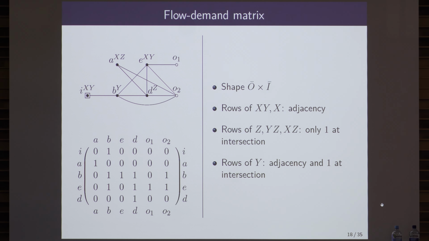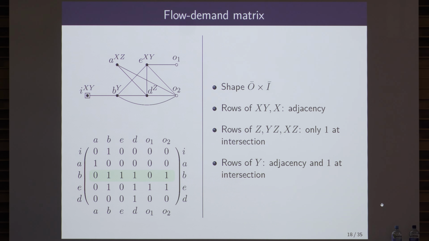So I will only give one example of what would happen: rows for Y measured vertices we would fill via adjacency and putting one at the intersection of row and column for such measurement. And the idea here is that doing this, we will be able to recover many of the conditions by then looking for some matrix product.